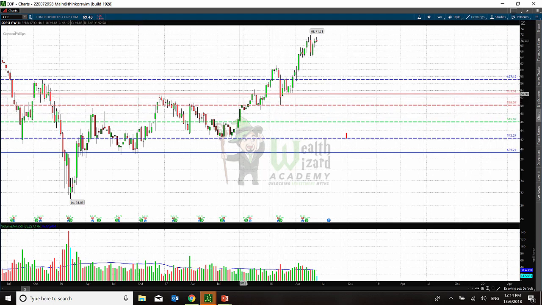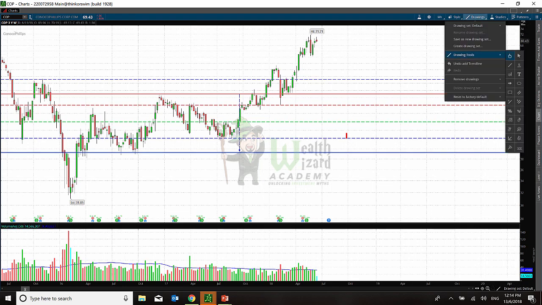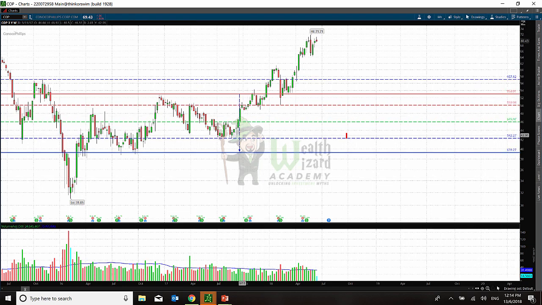We calculate the whole size of this static value channel. Once you have calculated this total magnitude of movement, we take this and we move it higher. We extrapolate from the resistance turned support and we stop there.